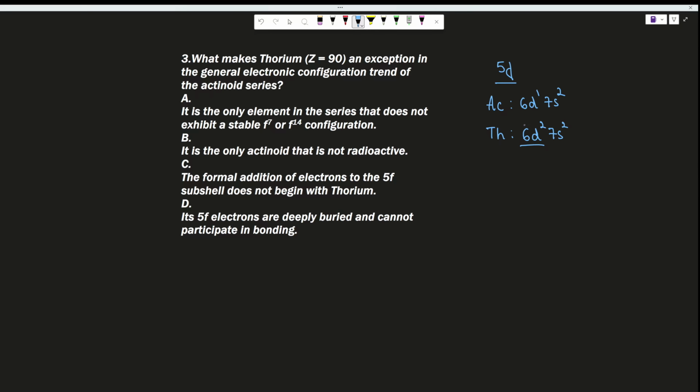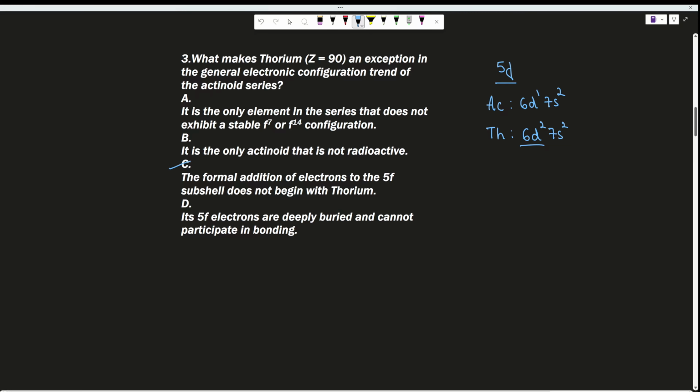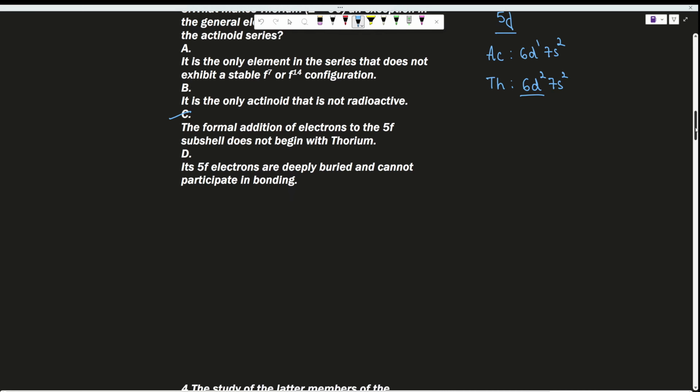This is an exception because being an element of the actinoid series, there should be 5f orbitals, but we don't observe that here. So the formal addition of electrons to the 5f subshell does not begin with thorium. It begins from the next element.